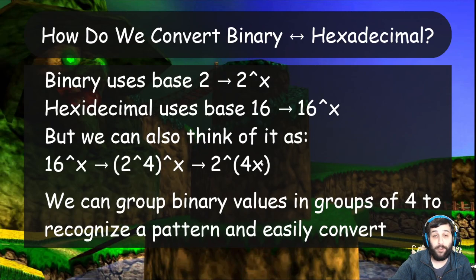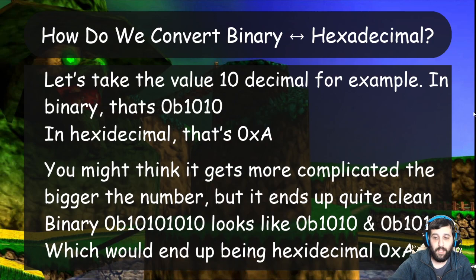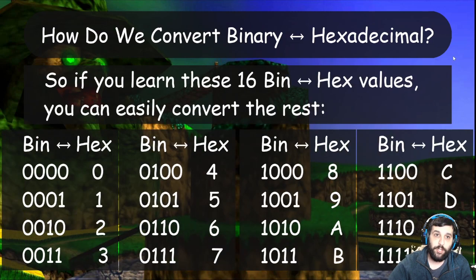If you can split the binaries into groups of 4, that's why this 4 is significant. If you can split them into groups of 4, you can easily convert any binary to hexadecimal and hexadecimal to binary. Ta-da! So these are all of the binary and hex translations that you actually need to memorize.